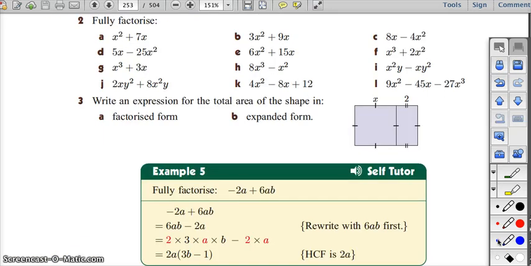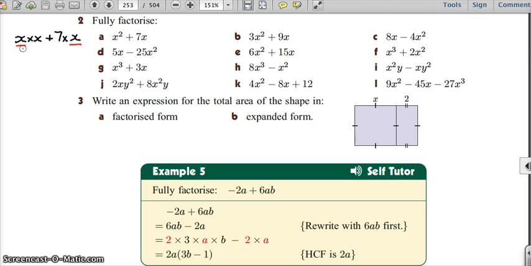Okay, so same process. Let's expand everything out. And everything we've got here is x times x, plus 7 times x. Your common ones are that and that. Which if you say, all right, well, let's get rid of that and put it out the front, what's left is that.